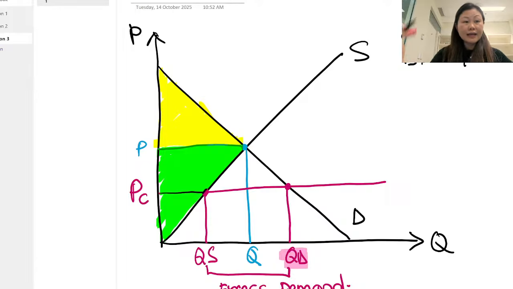The price has dropped. But quantity supplied has decreased. Why has quantity supplied decreased? Because the people who own the apartments do not like that price ceiling. The rents that the landlord can make is reduced.